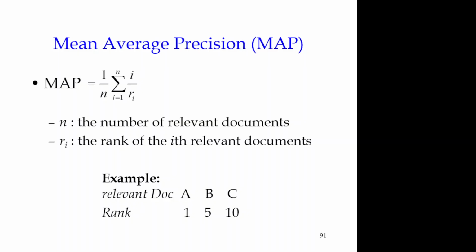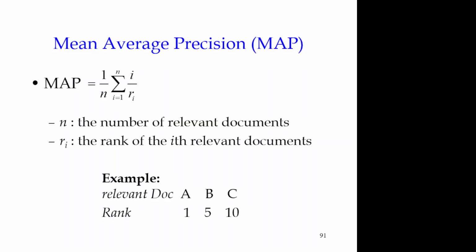So it's the average. Okay, so the MAP is calculated.